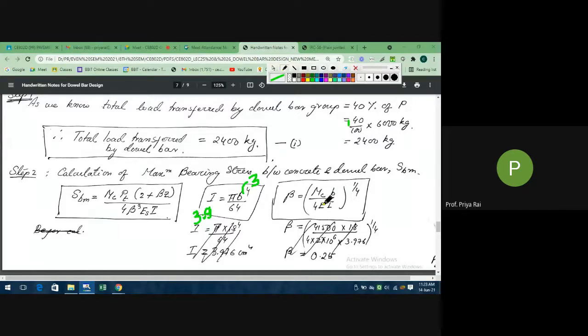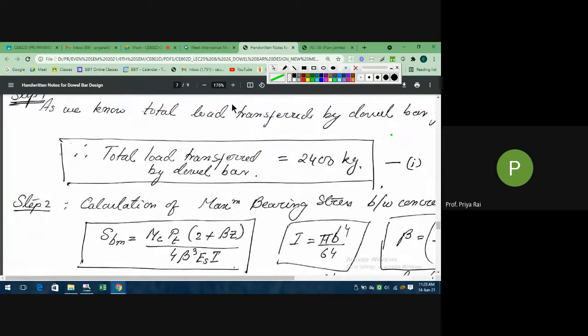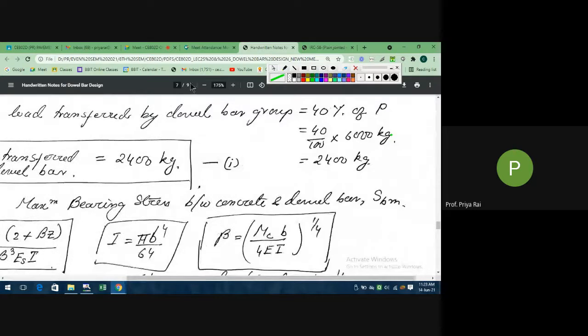E is given as 2 into 10 to the power 6. MC is given as 41500. B is assumed as 3 centimeter, and calculate beta. See here, this is your 41500 MC.